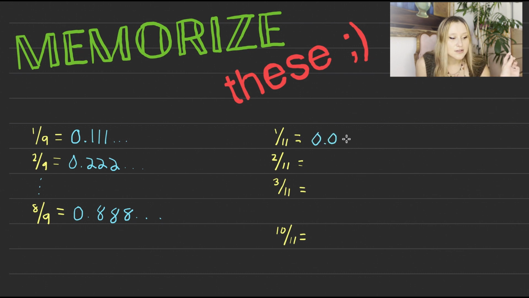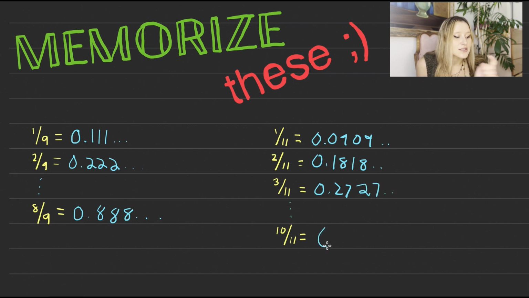So for the fractions over 11, similarly, we take the numerator, multiply it by 9, and repeat it infinitely many times. So for 1/11, we have 0.090909, and so on. 2/11 is 0.181818. All the way up to 10/11 is 0.909090. And no, do not mistake that for 1/11.